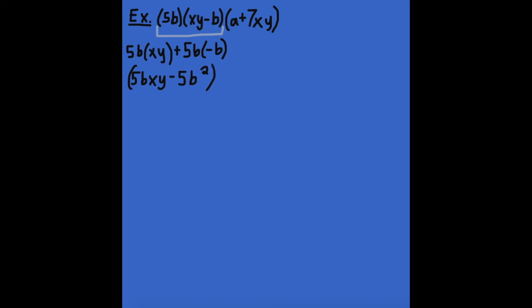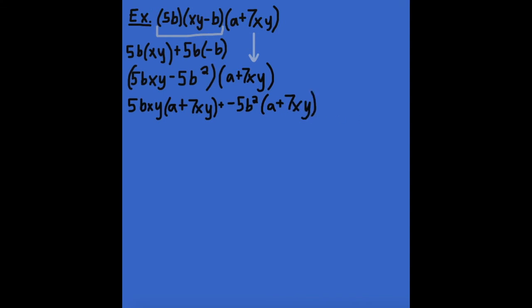Then, we multiply this polynomial by the third polynomial in the problem. We will do 5bxy minus 5b squared times a plus 7xy. We can set up the problem as 5bxy times a plus 7xy plus negative 5b squared times a plus 7xy.